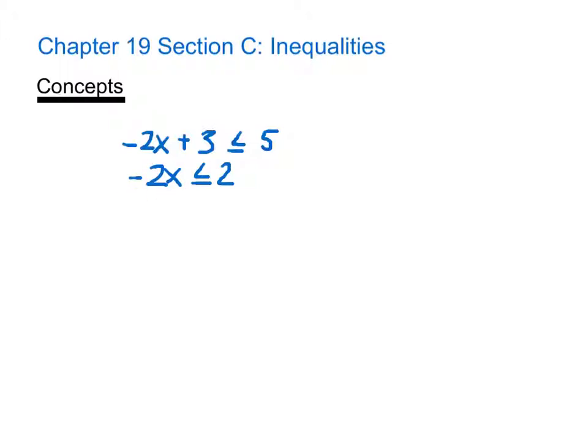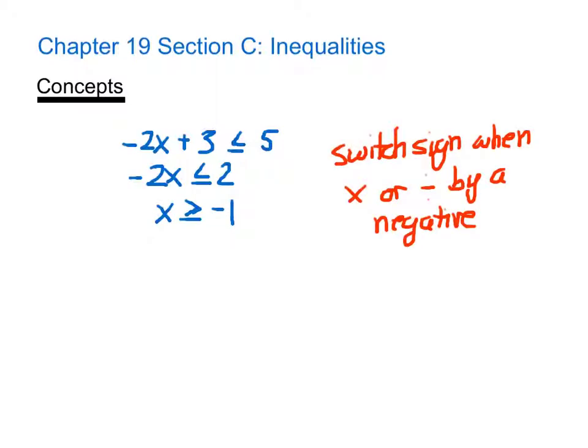And when I divide or multiply by a negative number, I have to switch the sign of the inequality. So for example, this less than or equal to sign becomes a greater than or equal to sign when I divide by -2. So always remember this rule when dealing with inequalities. Switch the sign when multiplying or dividing by a negative.